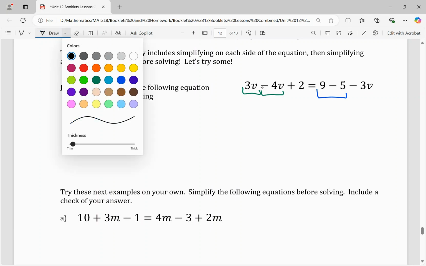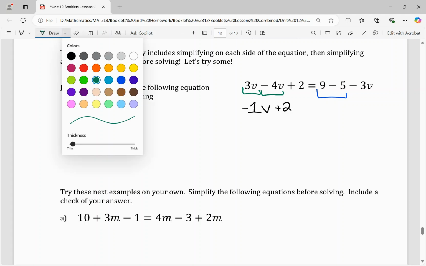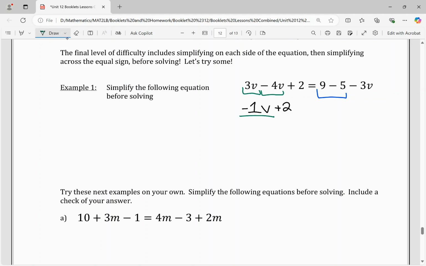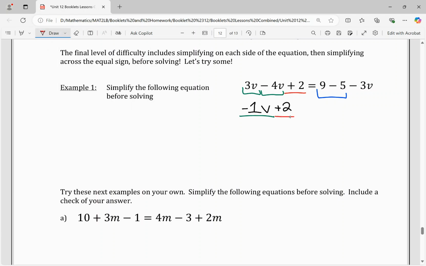So 3v minus 4v, because those are like terms, 3 minus 4 is negative 1, and the variable v stays the same. And then that plus 2 just carries down. So this negative 1v came from the 3v minus 4v, and this plus 2 just came from there.